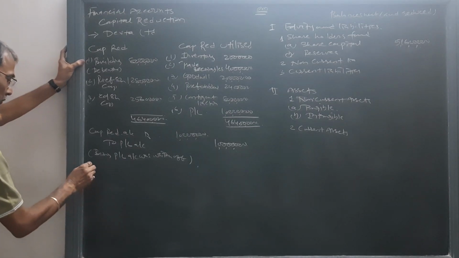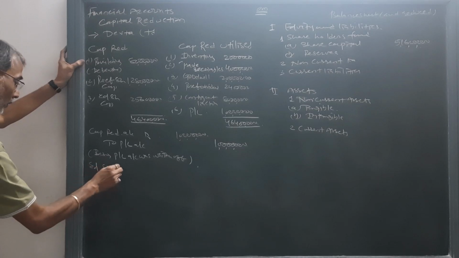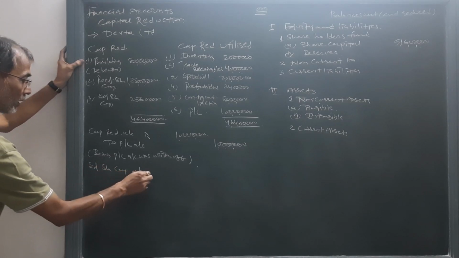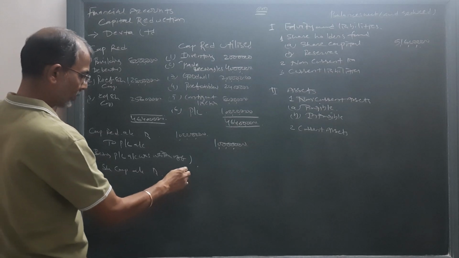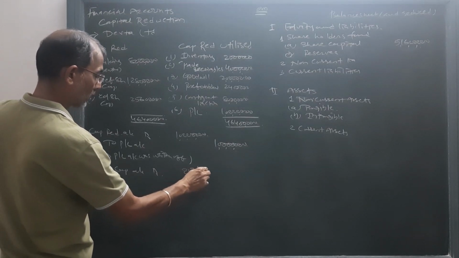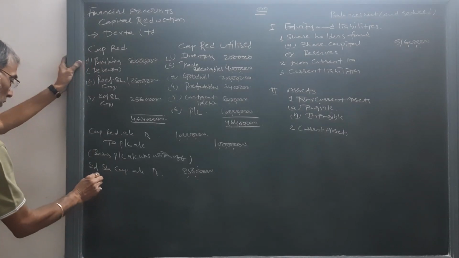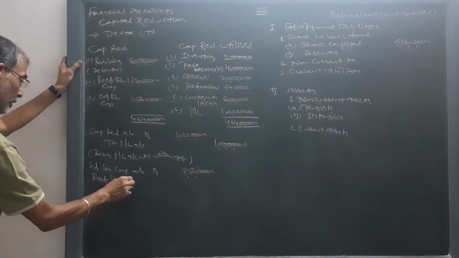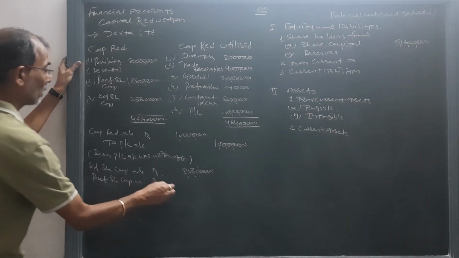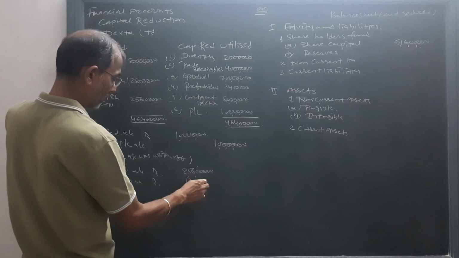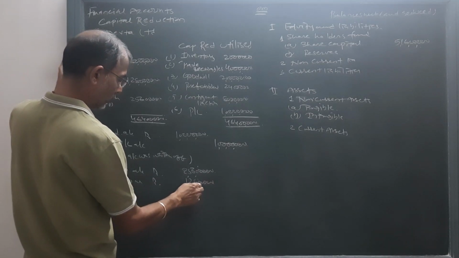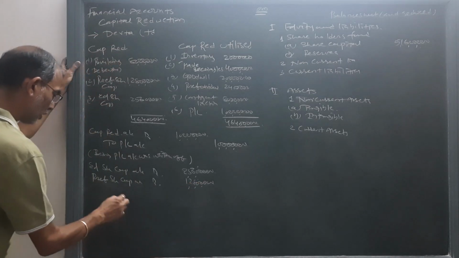Then after, entry will come for preference share capital and equity share capital. That will be equity share capital account debit 2 crore 56 lakh. Preference share capital account debit 1 crore 28 lakh.